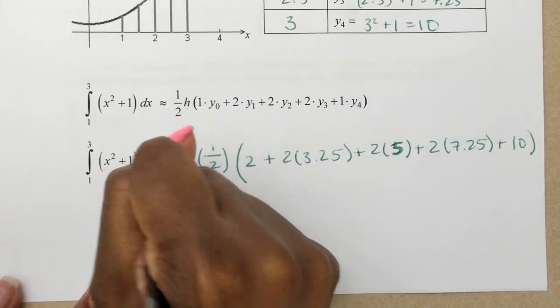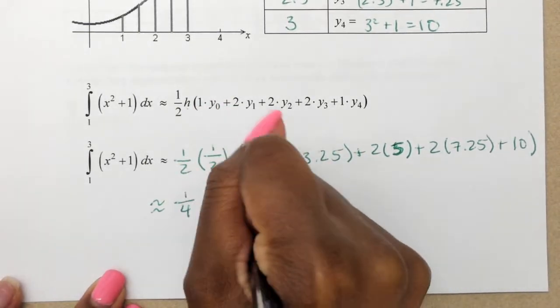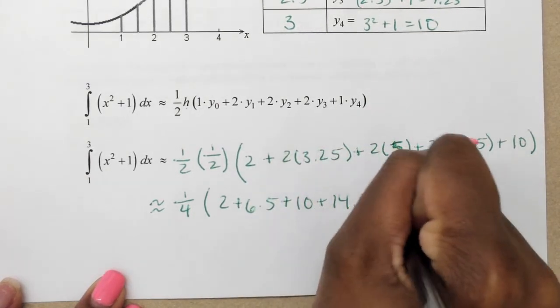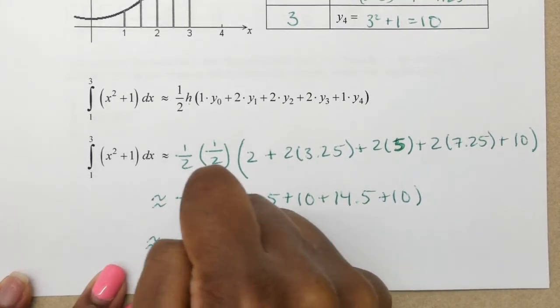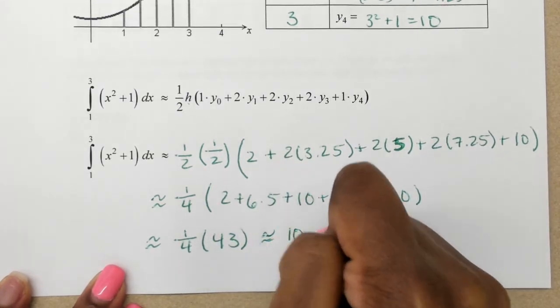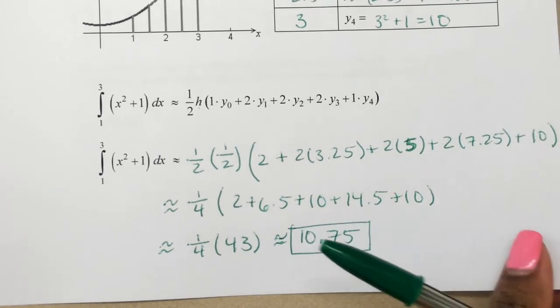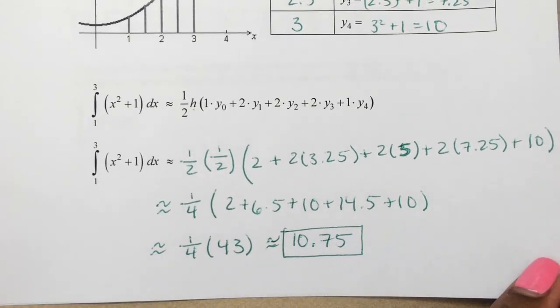This is approximately 1/4 times 2 plus 6.5 plus 10 plus 14.5 plus 10. So approximately 1/4 times 43, which is approximately 10.75. That's the approximate area under that curve. Now let's look at some more problems and how the trapezoidal rule can be used in them.